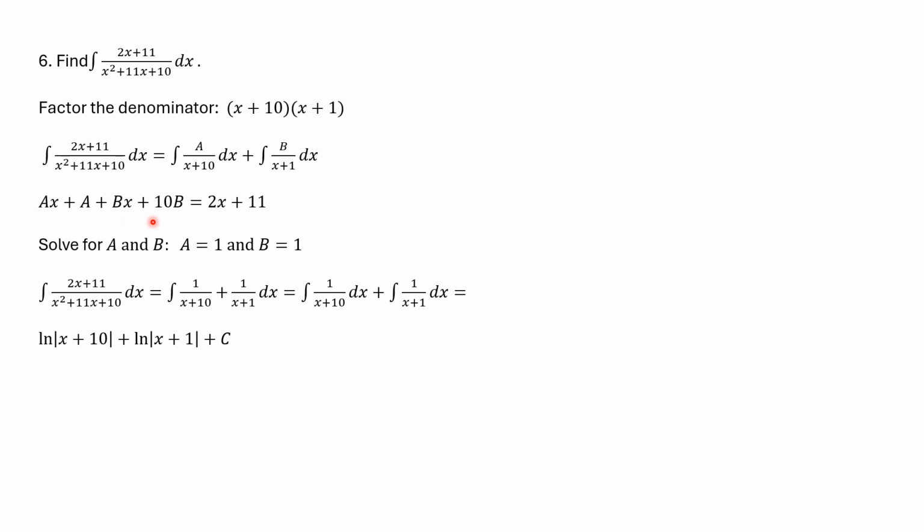If I solve for a and b, I'm going to find a is 1, b is 1, which is nice. So I'm going to end up with the integral of 1 over x plus 10 and the integral of 1 over x plus 1, or the natural log of the absolute value of x plus 10 plus the natural log of the absolute value of x plus 1 plus the constant of integration.